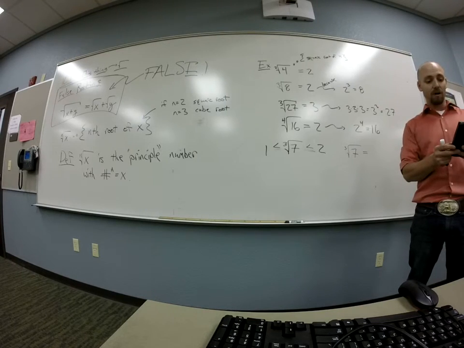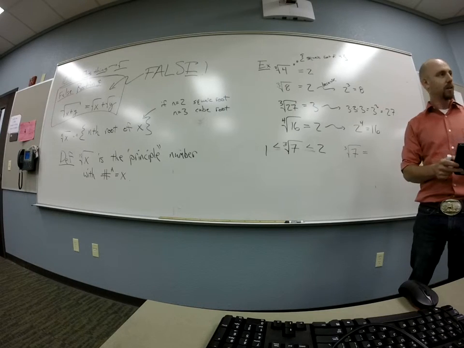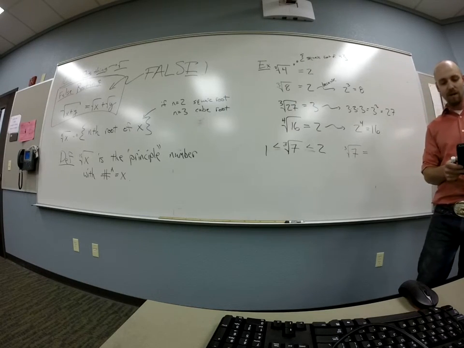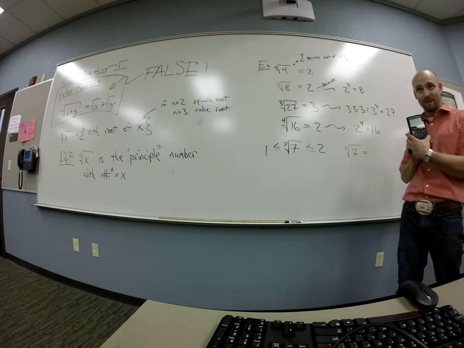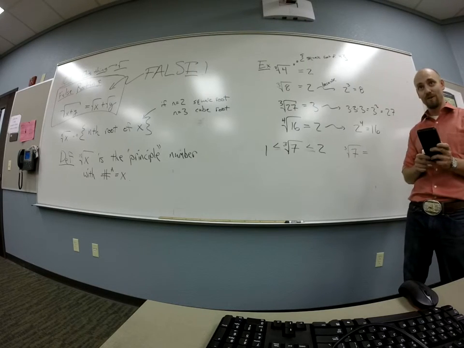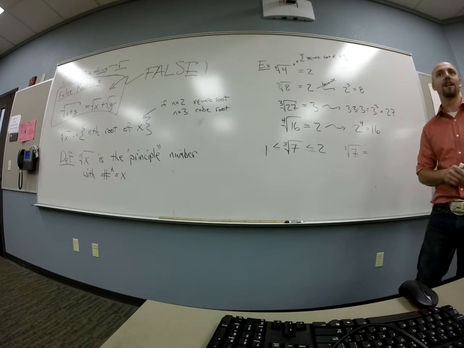Let's see, so we might remember that if I take 7 and I raise it to the 1/3 power on the calculator, I get the cube root. You guys probably don't remember that.